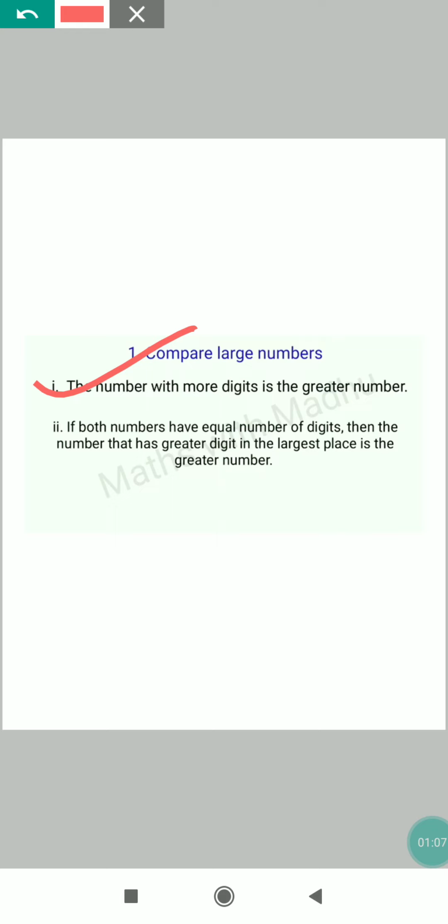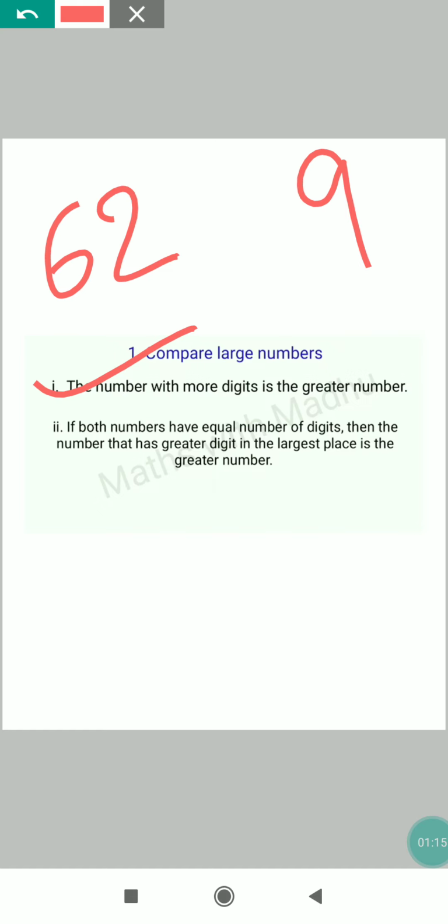This means that if two numbers are given, like 62 and 9, as an example I am taking here, you can count the number of digits. Here is a two digit number, whereas here it is a one digit number.